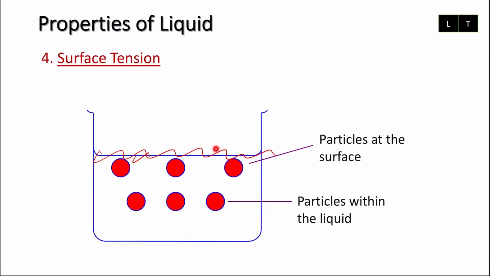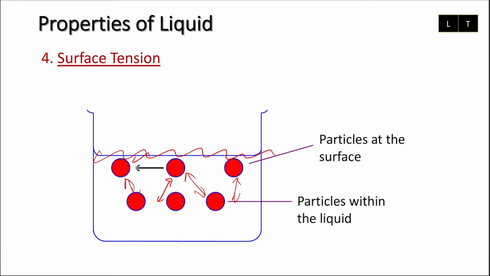Particles yang berada di surface ini. So this particle akan mengalami intermolecular forces daripada particles from here, menyebabkan daya tarikan itu akan pull the molecules into the liquid. So yang ini akan ditarik oleh this one.